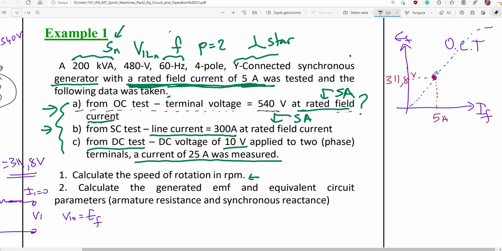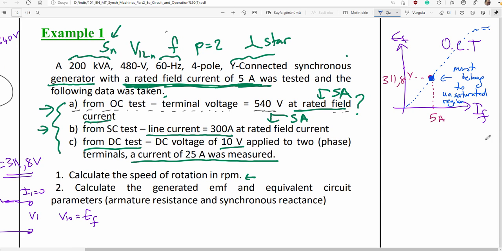I don't know, but I know a certain point on this curve, and in fact it is not given here, but that point must belong to the unsaturated region, because if you force the machine to a saturated region, the values will not represent the linear region.